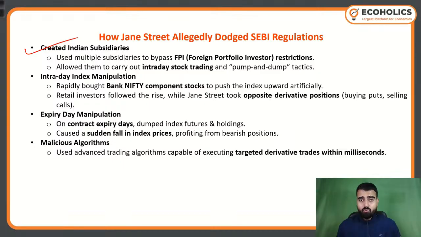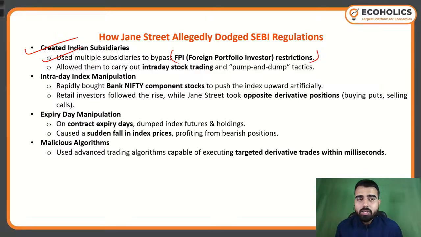Obviously, if you want to participate in the intraday trading segment of India's security market, you must have an Indian subsidiary or a firm from India. So they opened one of the subsidiaries in India, and got it registered in India only. That subsidiary got the approval from SEBI to participate in intraday trading. And this is how they used multiple subsidiaries to bypass the restriction that SEBI has kept, that an FPI cannot participate in intraday trading.